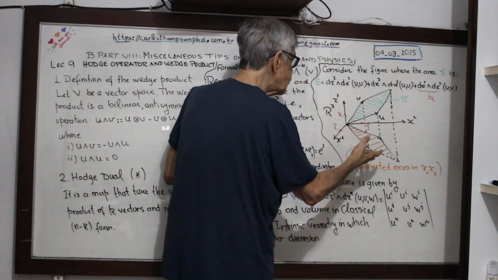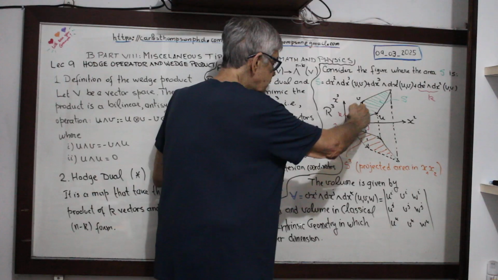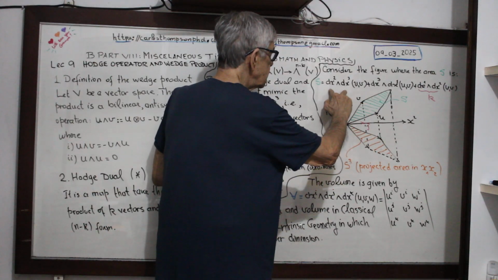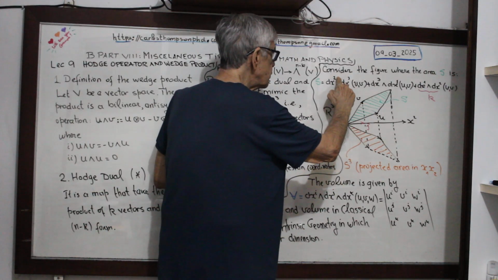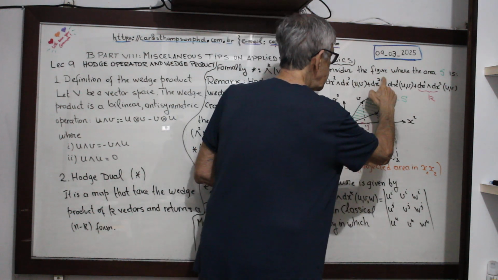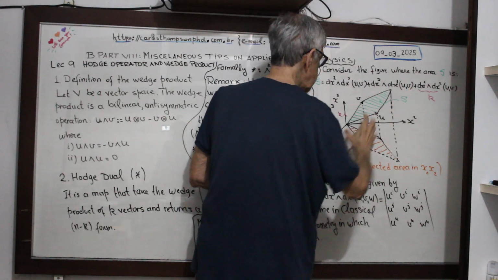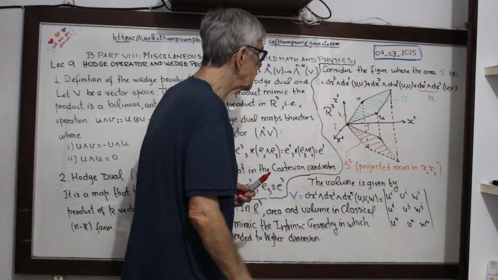The last one, j cross k is i. Here 2 corresponds to j, 3 corresponds to k, and 1 is i, the unit vector in R3.